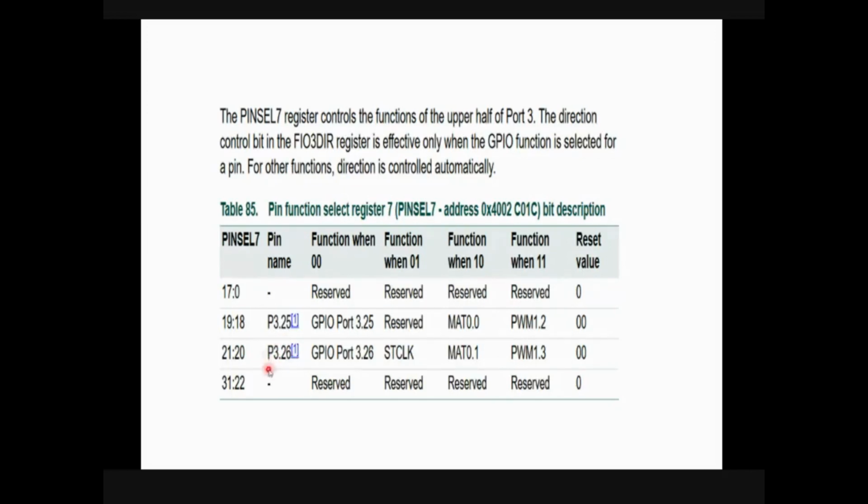And this port 3, 26th pin is controlled by pin select register 7. In pin select register 7, bits 20 and 21 control the port 3, 26th pin. If the values on these two bits are 1, 1, then the port 3, 26th pin will work as PWM 1.3. Is it clear?